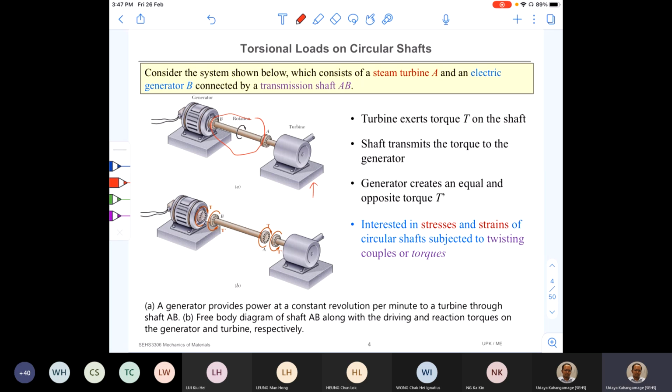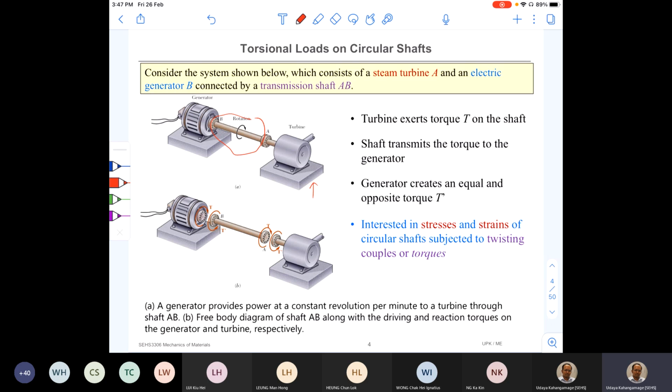Why are they important? Because let's say this member AB is made from a very flexible material like rubber. Can you transmit power? You can't, right? It twists too much. That means it consumes the energy developed by the turbine. So there's an energy loss. So it should be hard enough. It should be rigid, but should not be too rigid like glass or cast iron, because it will break again, right?